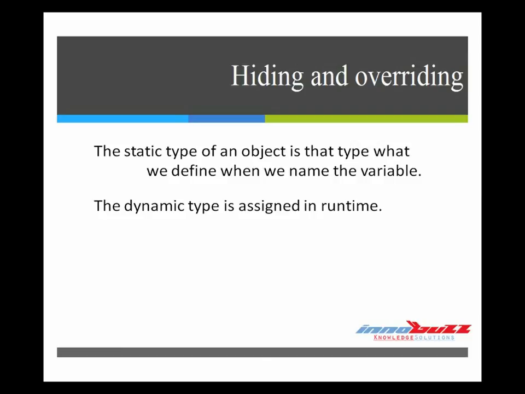We can redefine or change the dynamic type with casting and referring to another object. The dynamic type can be the static type, any subclass of my class, or a class that implements my interface. The dynamic type is defined at runtime and it is changeable.